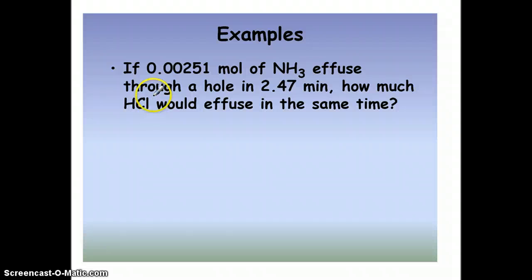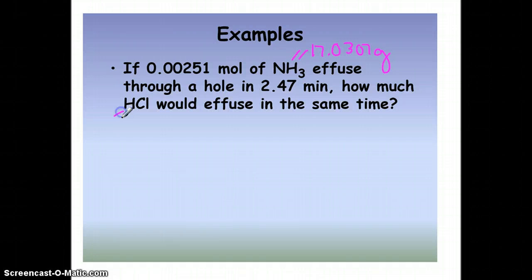All right, in this problem it says that we have this amount of NH3 that's going to effuse through a hole in 2.47 minutes. It wants to know how much HCl was effused in the same time. So first thing I would do is find the molar mass of each of these. So NH3, when you find the molar mass, it's 17.0307.